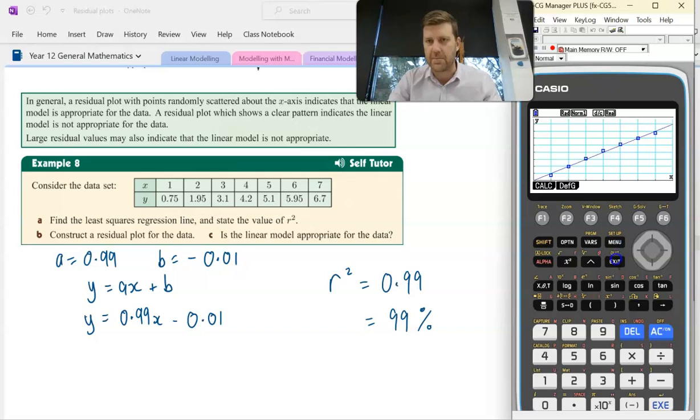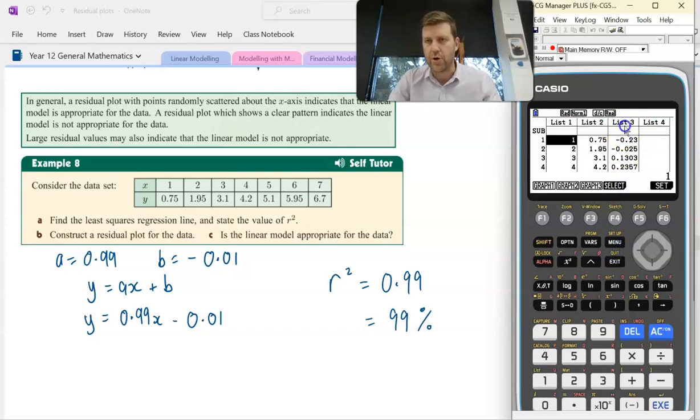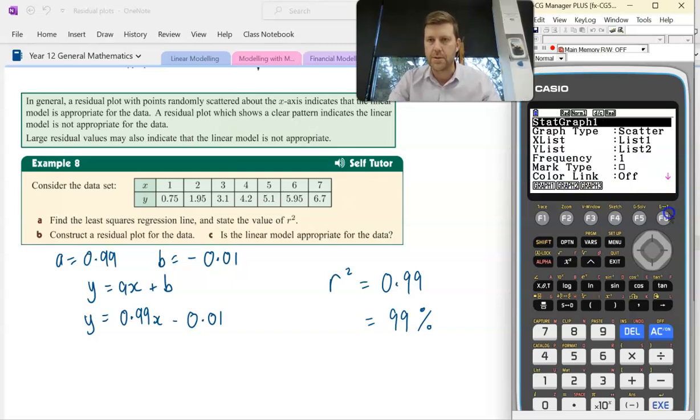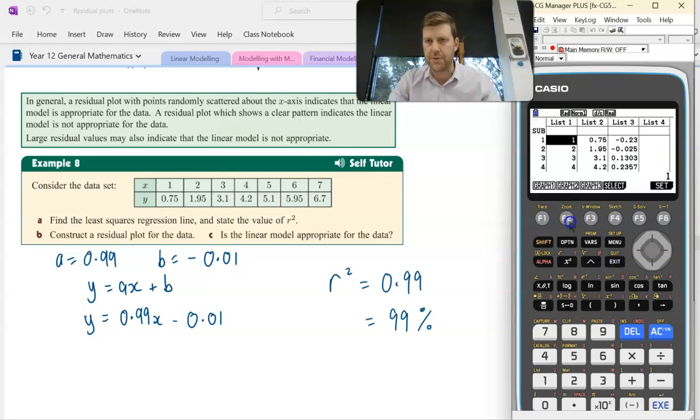For me, I've set up list 3 here to show those residual values. Okay, so there they are. Now, I've set up graph 2 so that list 3, those residual values, are on my y-axis. If I draw graph 2, it looks like this. This is my residual plot.